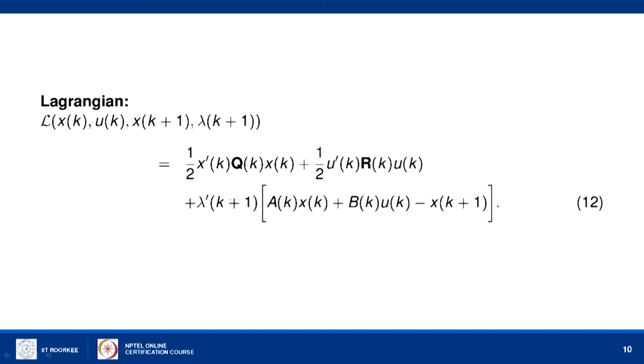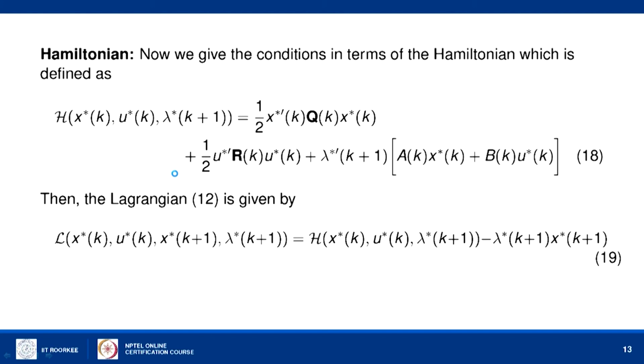So, the Lagrangian is nothing but the Hamiltonian function minus lambda dashed k plus 1 into x of k plus 1. We define the Hamiltonian in this manner, and the Lagrangian L is written as the Hamiltonian minus lambda dashed into x of k plus 1. Here, the star everywhere denotes the optimal solution.